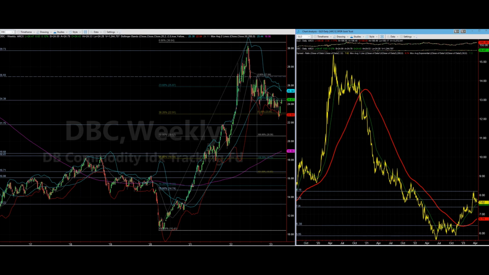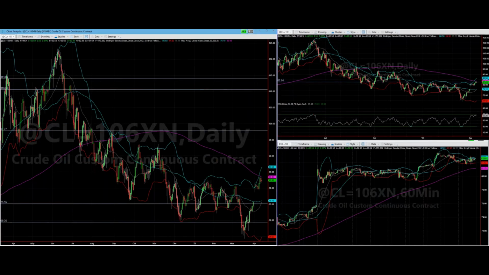Because oil, which is its main component, still stubbornly refuses to break the steeply descending 200-day moving average. I think it's probably likely to do that just to stop some people out and go and trade towards this kind of level, which is 85.50.